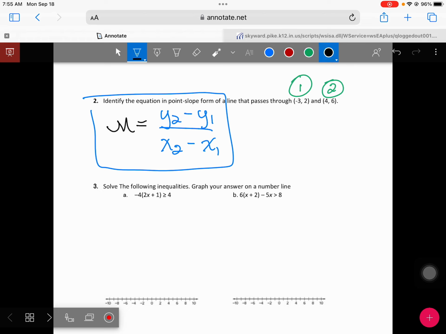So the y coordinate of the second point is 6, minus the y of point 1, is 2, divided by my x coordinate of the second point, which is 4, minus the x of my first point, which is negative 3. So I'm subtracting a negative 3. Can we subtract a negative?